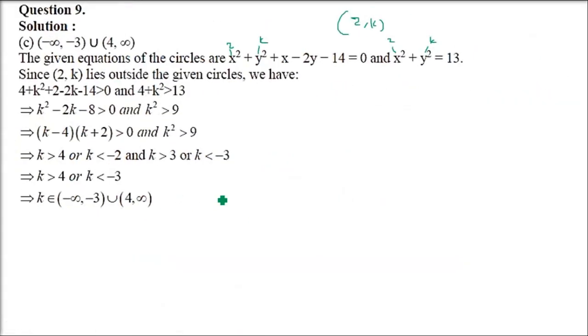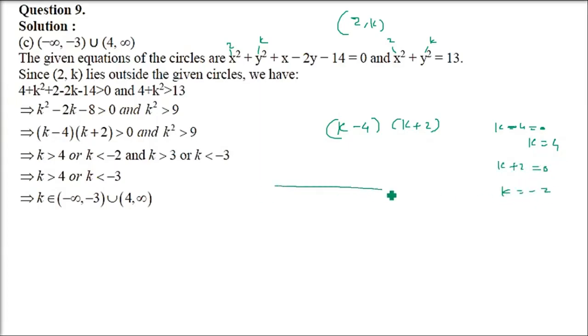Whenever this kind of equation is there, we find the critical points. Since we have done inequalities already, when we have factors greater than 0, we put k minus 4 equals 0, so k is 4, a critical point, and k plus 2 equals 0, so k equals minus 2 is the critical point.